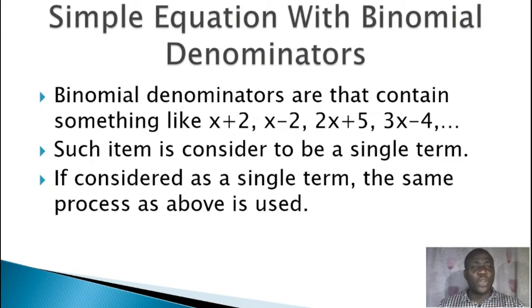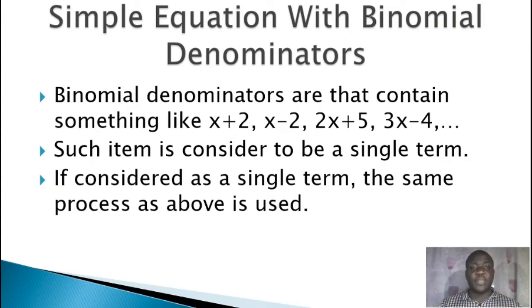Binomial. You know what a binomial is in mathematics? Anytime you hear binomial, we are talking about 2 unlike items connected by either plus or minus. Most especially a variable and a number, or a variable and another different variable, connected by plus or minus.